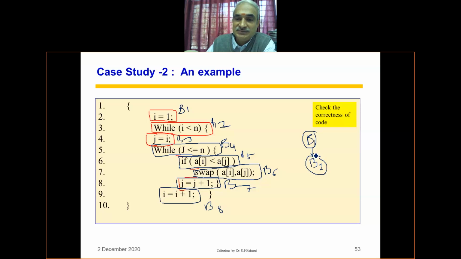Are you clear? B1 and B2 are merged, but when the while loop goes to the end, it again comes back to the beginning. So there is always some looping. Then I have a B3, then I get into B4.